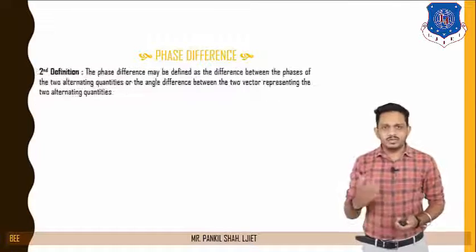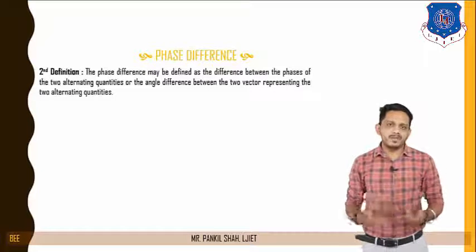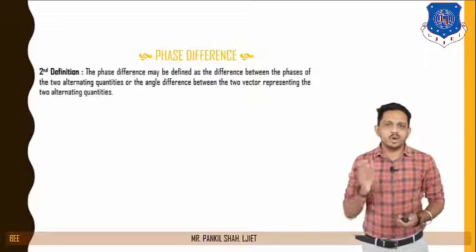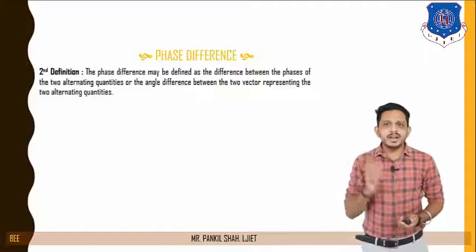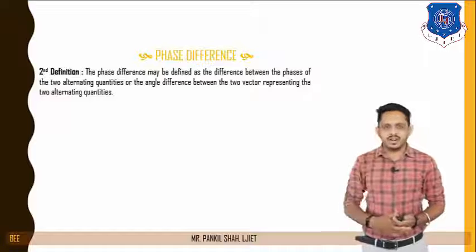Another definition of the phase difference: the phase difference may be defined as the difference between the phases of two alternating quantities, or the angle difference between the two vectors representing the two alternating quantities.